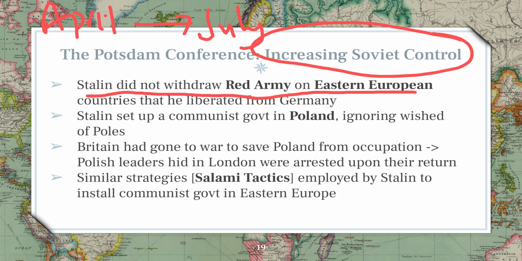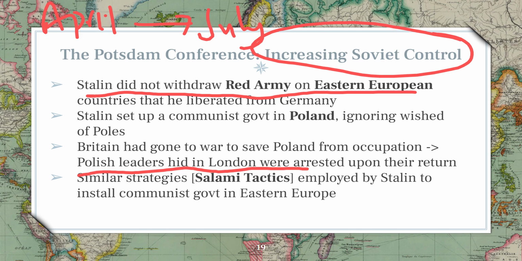So they did conduct some elections, but not done properly. The Lublin Poles, the Poles that were formerly the leaders of Poland prior to World War II, who were Polish leaders based in London, were arrested upon their return back to Poland, so they couldn't take part in the election.